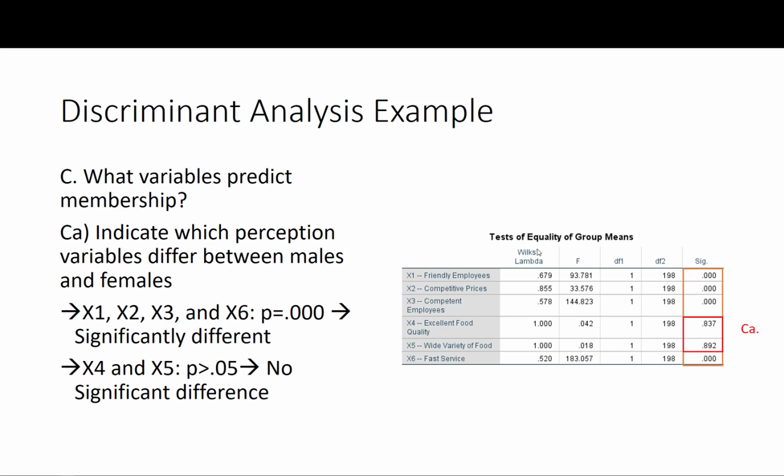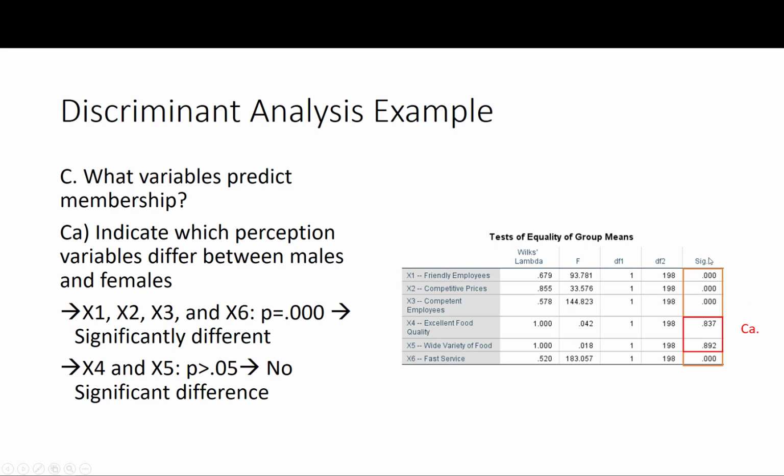So the next thing we need to look at is which of our independent variables are actually useful in predicting membership. In the first test of this, we look at the test for equality of group means, and we look at the significance levels that are shown here.